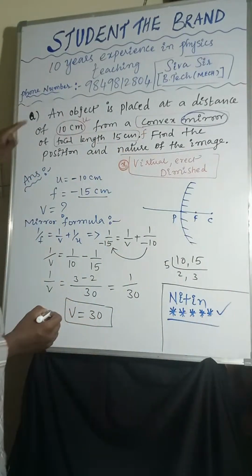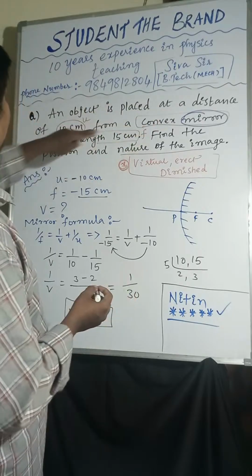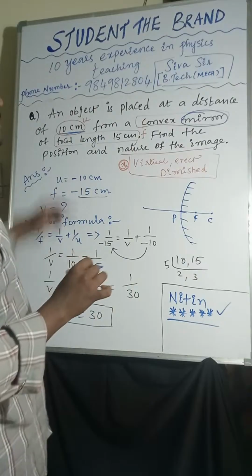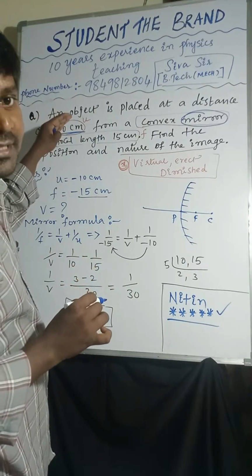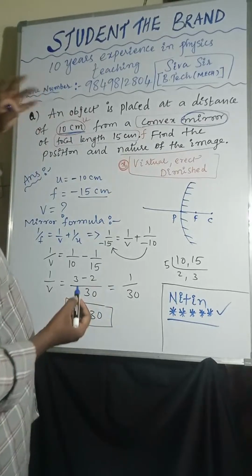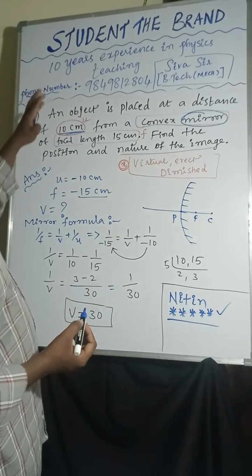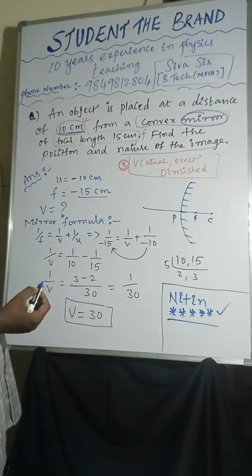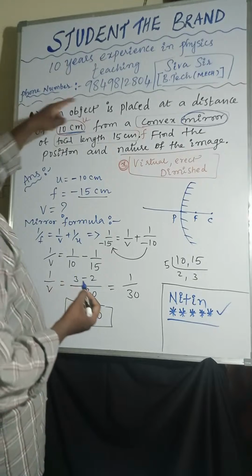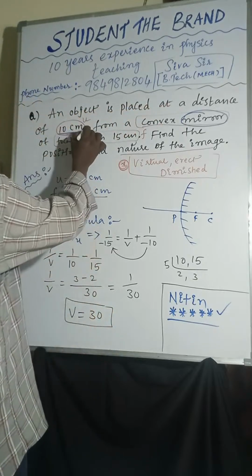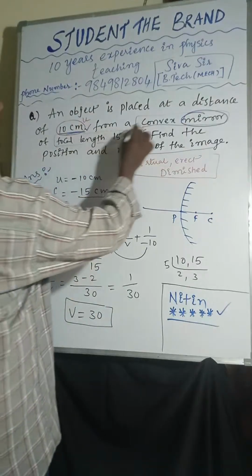Here you see, this is the answer. Once again, an object is placed at a distance of 10 centimeter. Whenever they give the values, if you mark them like this, immediately you can understand what exactly the question is and how we have to solve it. First, an object is placed at a distance of 10 centimeter, so mark the object distance, from a convex mirror.